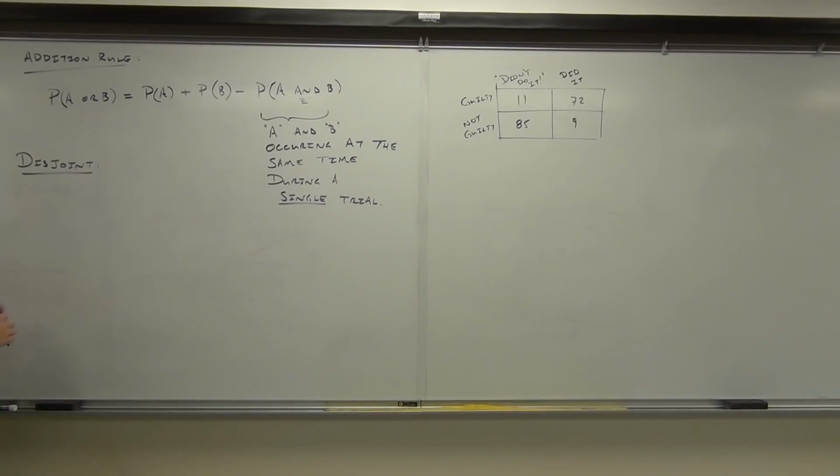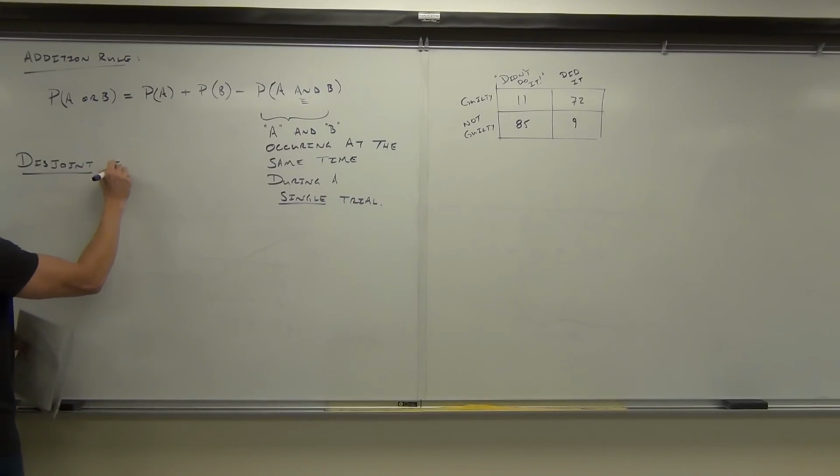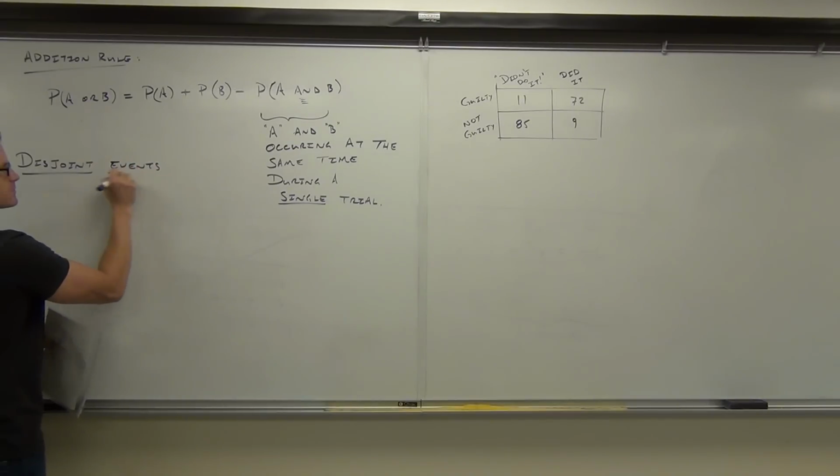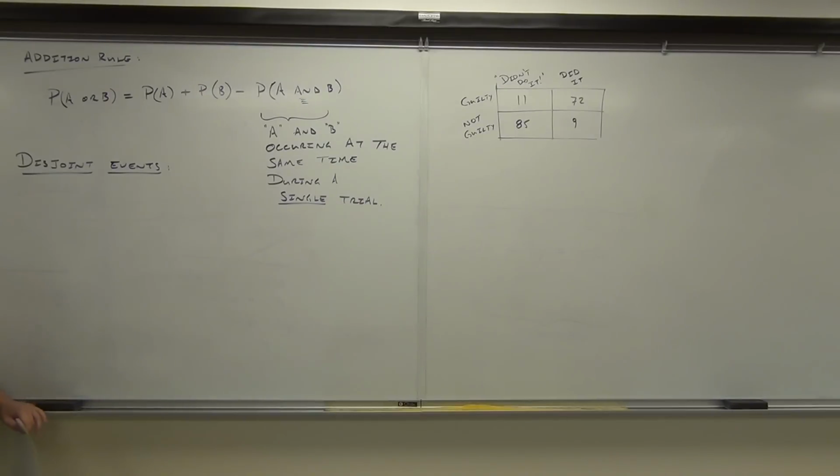So if we have something that is disjoint, or I'll say it, disjoint events. Disjoint events are events which are mutually exclusive. They cannot happen at the same time.